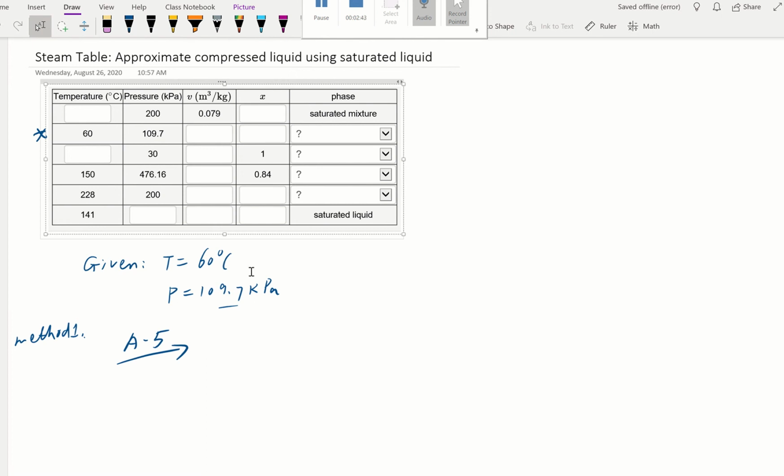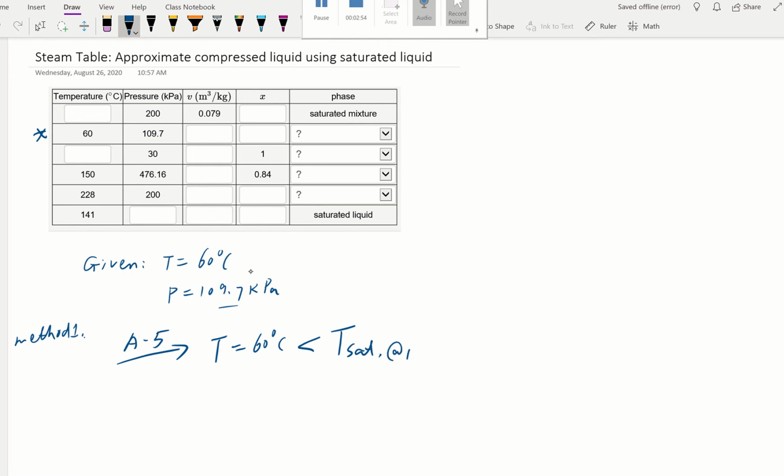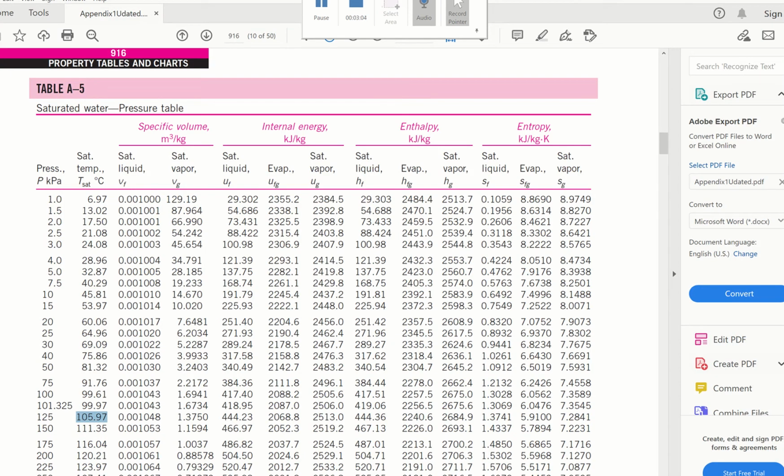So without finding the exact value, I know this T, 60 degrees Celsius, is going to be way less than the saturated temperature at this 109.7 kilopascal, because it's in a range of 100 and 105.97.